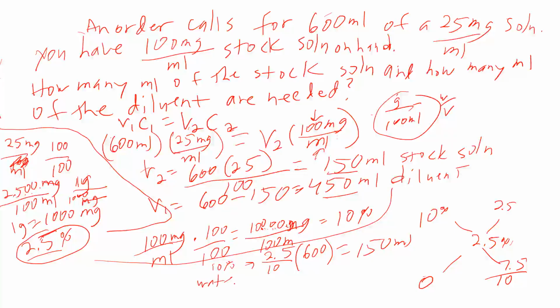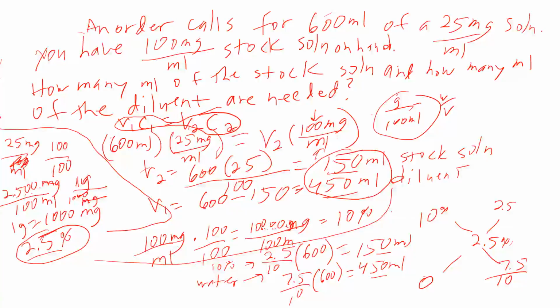Water would be 7.5 over 10 multiplied by 600, and that's 450 of the water. Okay, so exactly the same numbers that we get in both ways. So we can use this equation, and we can find the same numbers.